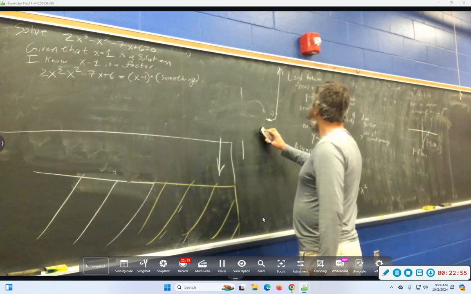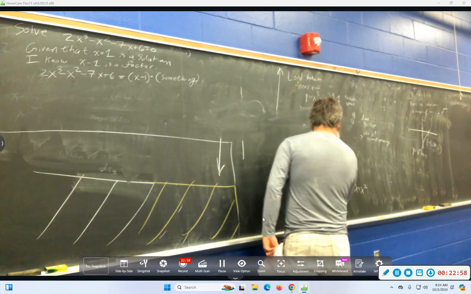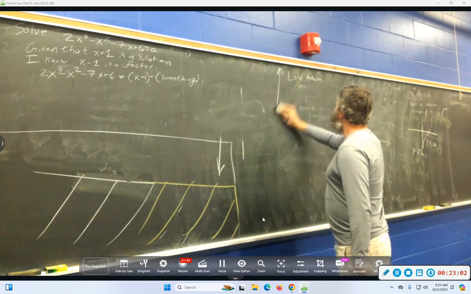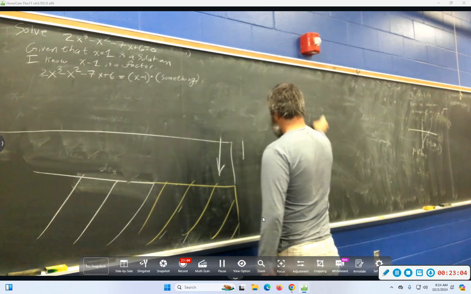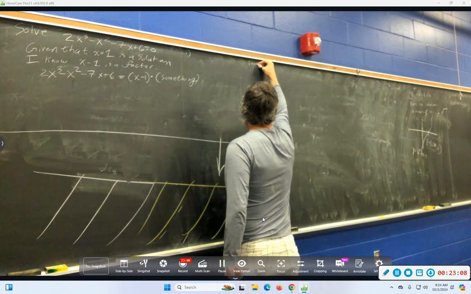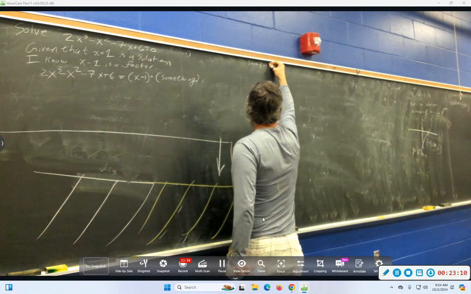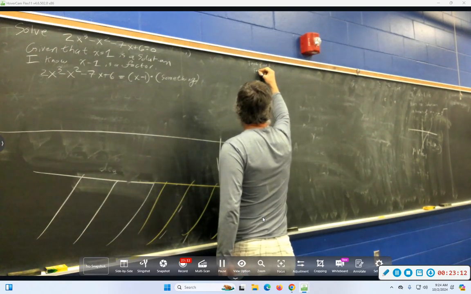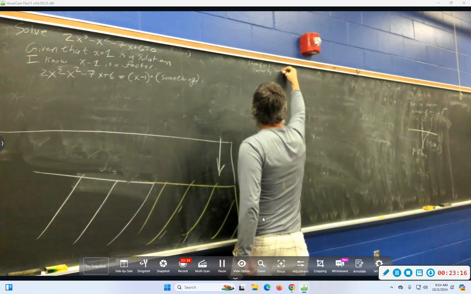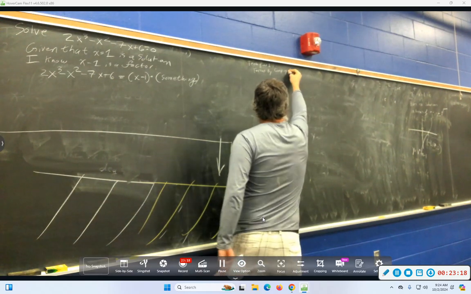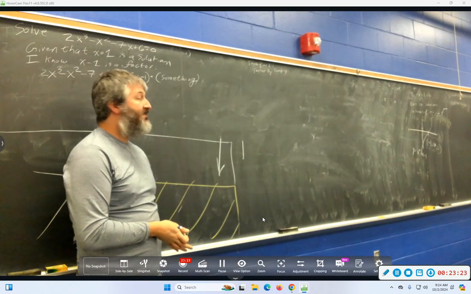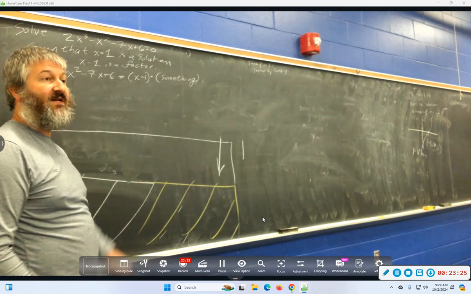So, how do you find that something? Here's the first technique. So I'm just going to try to gather things together so that I see some things that I can factor an x minus 1 out of.